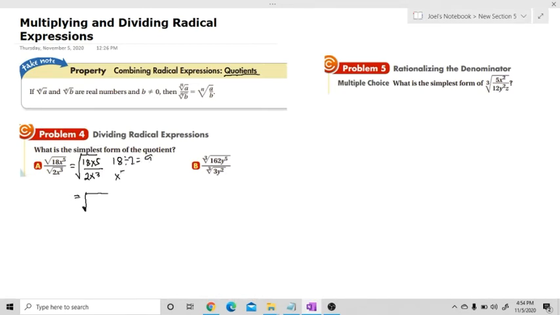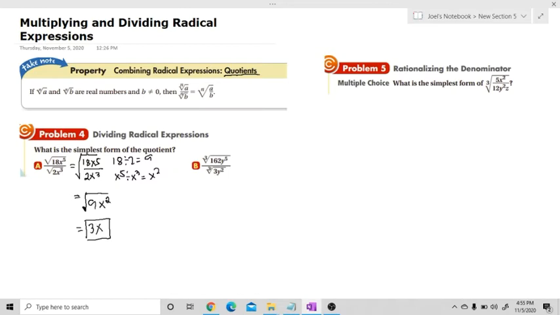Then, x raised to the exponent 5 divided by x cubed is equal to x squared. So, dividing 18x raised to the exponent 5 by 2x cubed gives 9x squared. The square root of 9 is 3. The square root of x squared is x. So, the answer will be 3x.